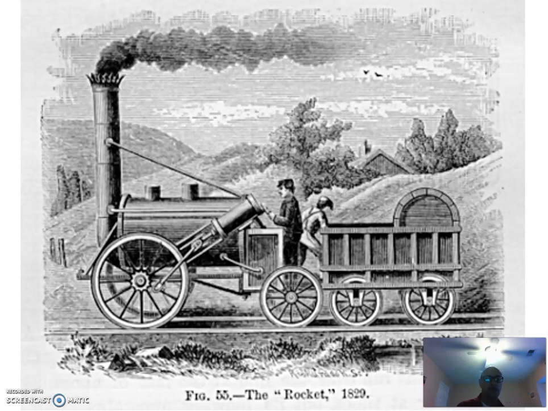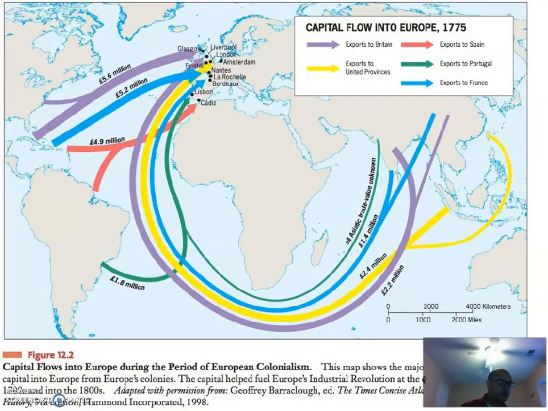Now, you have to understand that all of these inventions of the Industrial Revolution are really risky investments. So how are they funded? Well, the 18th century saw a lot of capital coming into Britain as a result of an expanding trade network that focused on Western Europe, that brought wealth to those in a position to take advantage of changing circumstances.